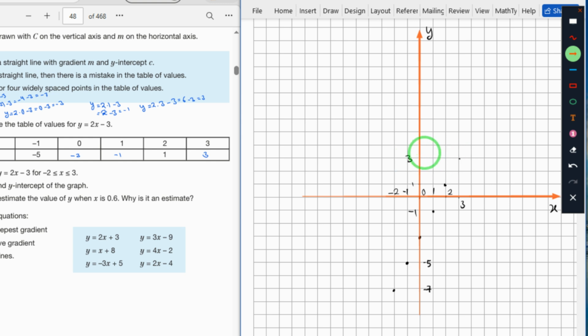Now we connect these points together. Like this, it is the graph of y equals 2x minus 3 for the interval between minus 2 and plus 3.